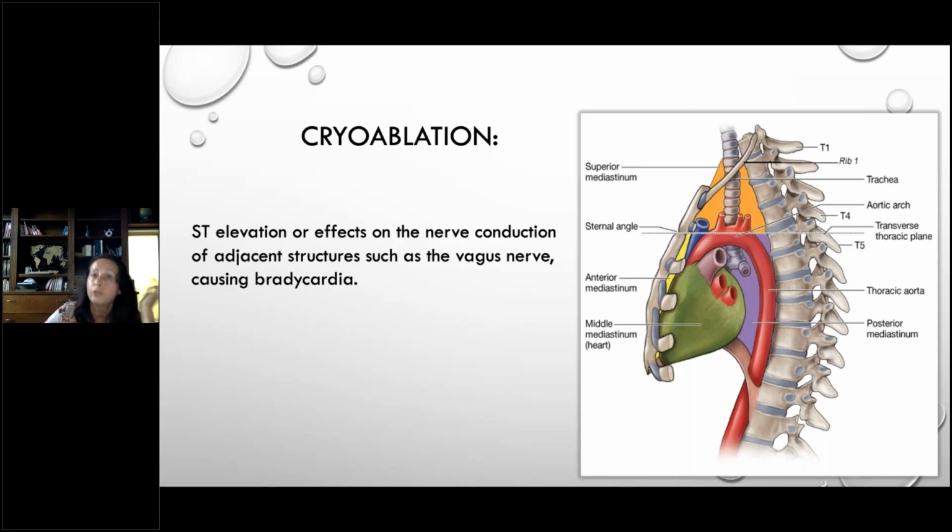But if we use coagulation or freezing for a longer period of time, we should be aware that there are coronary arteries here and a vagus nerve here, and the temperature can be projected onto these structures and cause coronary spasm or injuries to the vagus nerve, bradycardia, and ischemia.